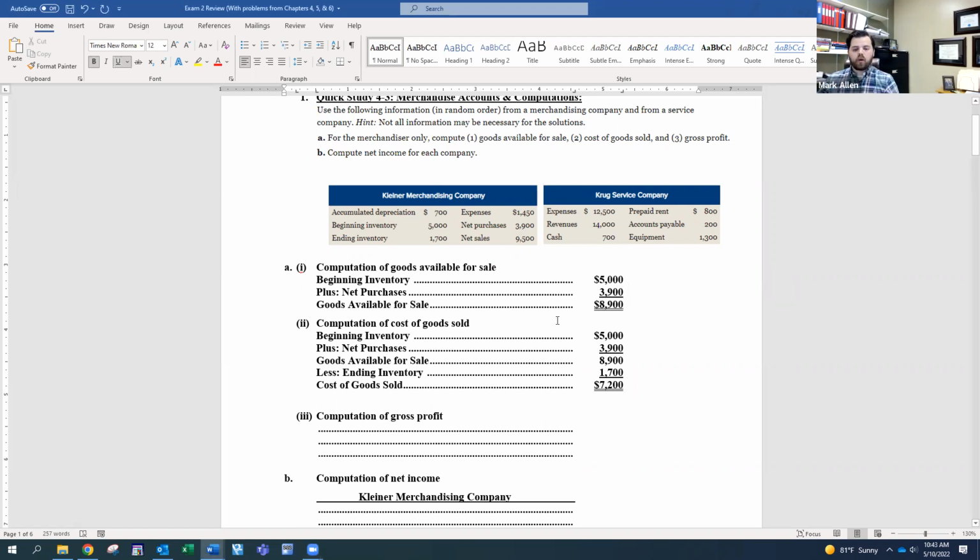Now, at that point, only two possible things can happen with my inventory in this class. We either sell the inventory or we don't sell the inventory. If we don't sell the inventory, we still have it, meaning it's an ending inventory. That's what this is. If, however, we did sell the inventory, then of course that goes to cost of goods sold, and that's the difference.